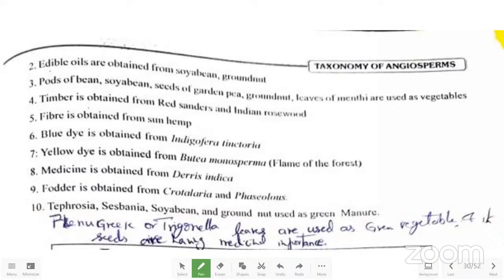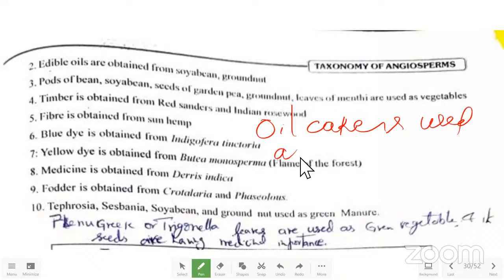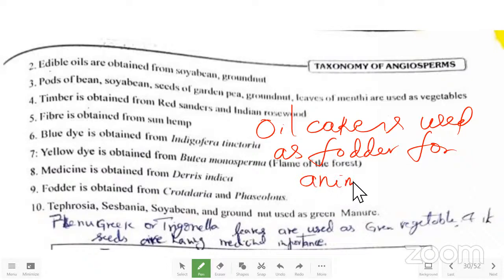Oil cake is highly proteinaceous and it is reused as fodder for the animals, for the cattle.